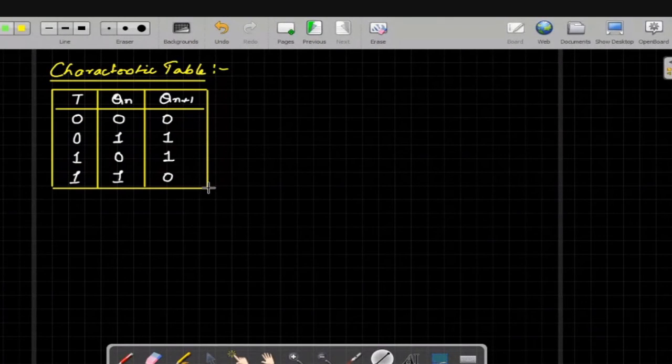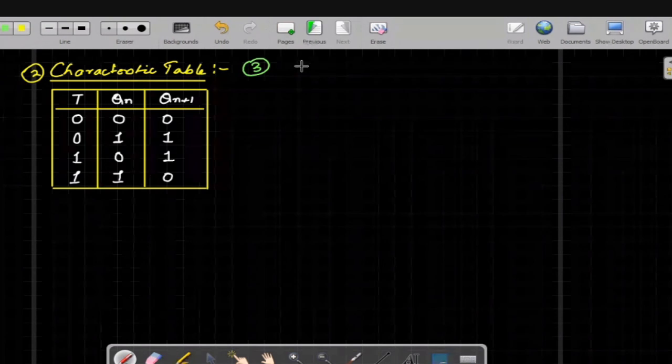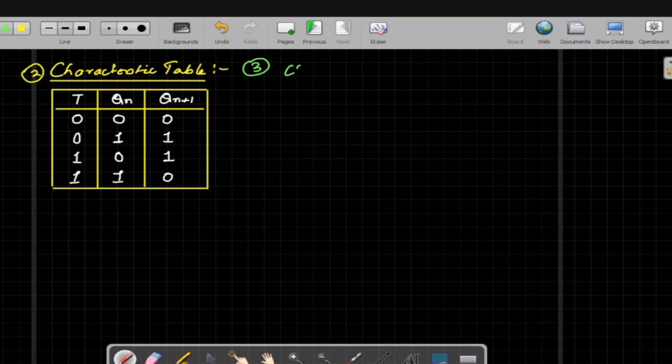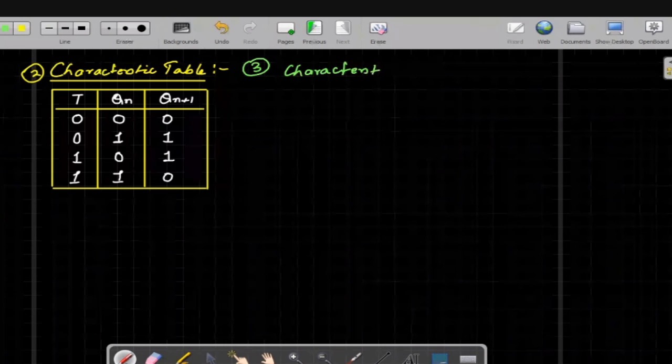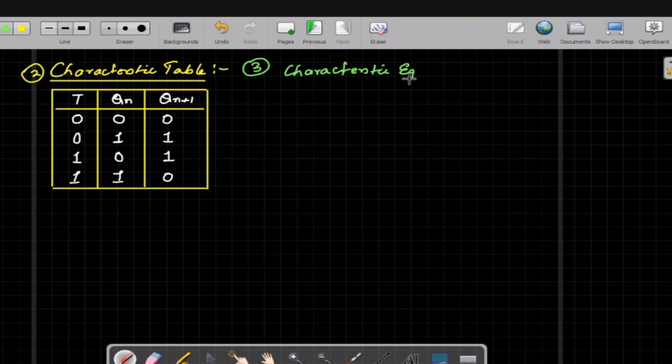Alright, so this is the second task we have successfully performed. Now the third thing is the characteristic equation. Can anybody tell me what the characteristic equation will be here? T bar Qn plus T Qn bar.